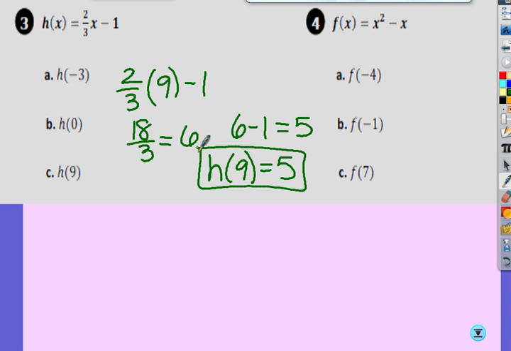For example number 4, my function rule is f of x equals x squared minus x. Be careful when you're squaring a negative, as any number squared will always be positive.